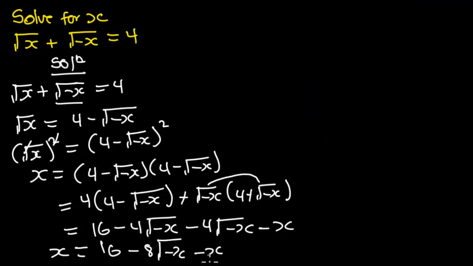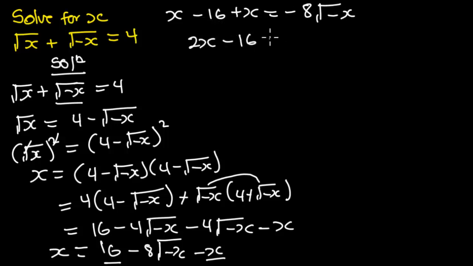Now from here, let us push this term and then this term to the left hand side. We are going to have x minus 16 plus x is equal to minus 8 multiplying the square root of minus x. Now from here, we are going to have 2x minus 16 is equal to minus 8 multiplying the square root of minus x.